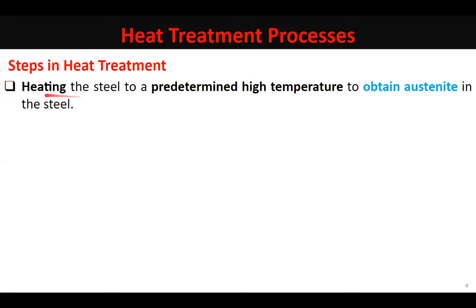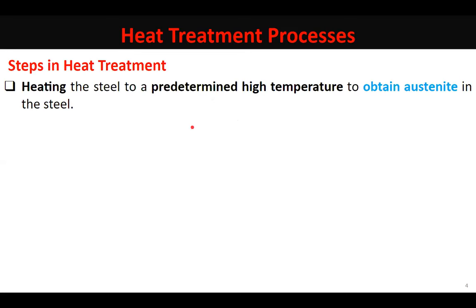And if you are only interested in a partial austenitic structure, because along with austenite, the other phase or phases present are actually required in the final microstructure, then you would not try to eliminate those phases by taking the steel to a temperature where you get 100% austenite. In that case, you would take the heat treatment temperature above the lower critical temperature of the steel, but below the upper critical temperature.